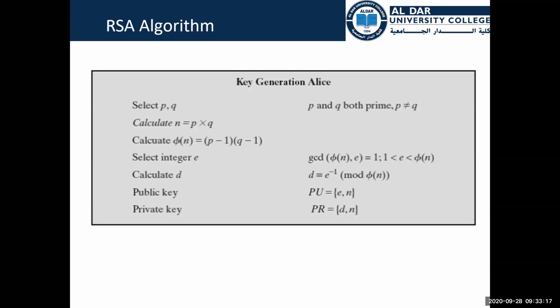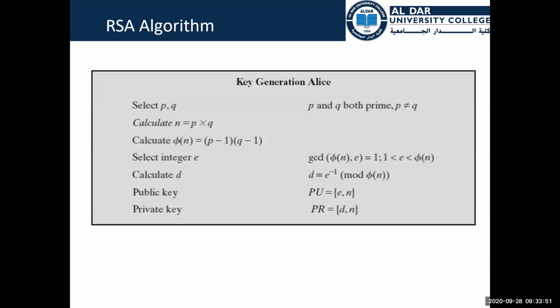For example, 7 is a prime number because it is not divisible by 6, 5, 4, 3, or 2. 11 is a prime number, but 12 is not because it is divisible by 3, 4, and 6. 20 is not a prime number. 21 is not, because it is divisible by 3 and 7. These are examples of prime numbers.